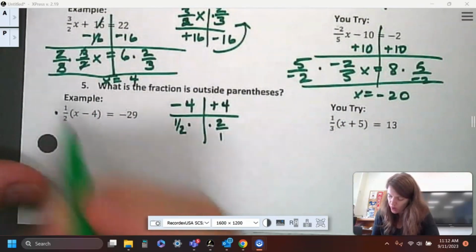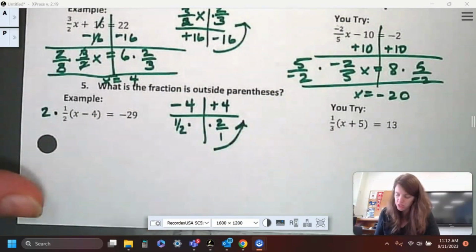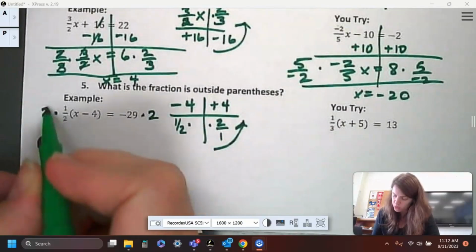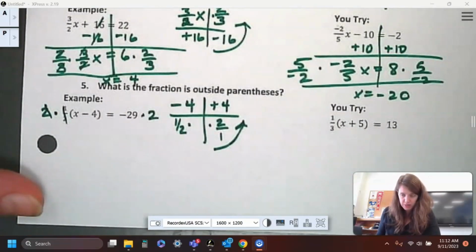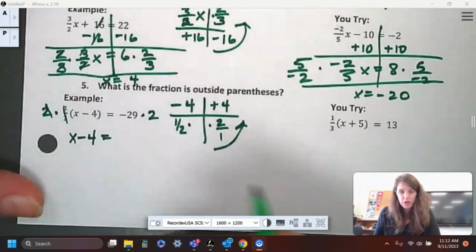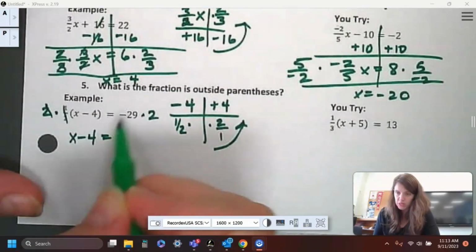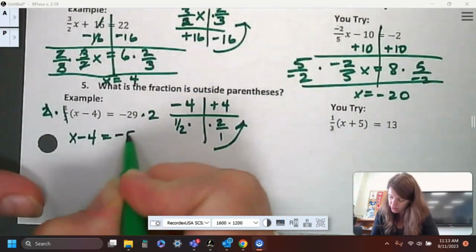So if I use this, I can go ahead and do the multiplying by 2 step first. I'm going to multiply on this side by 2 and multiply on this side by 2. What that's going to do is cancel that fraction out, and I'll get x minus 4 is equal to, well, what's 29 times 2, right? That should be 58, but negative 29 times 2 would be negative 58.